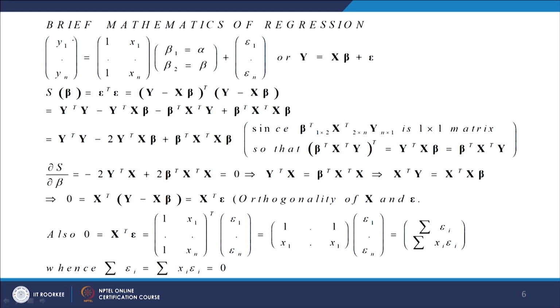I have used general notation. Y in our case will represent delta V. Beta 1 and beta 2 are respectively alpha, the y intercept, and beta, the slope of the regression line; for convenience of notation, we call them beta 1 and beta 2. This is the matrix representation of the equation that we wrote in the previous slide.